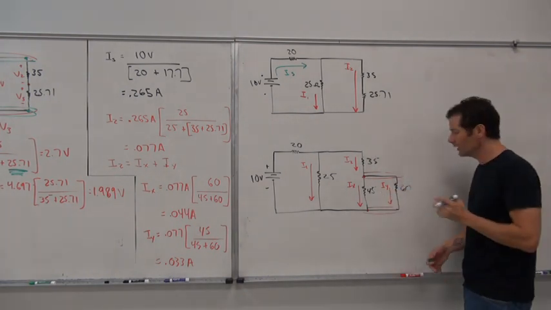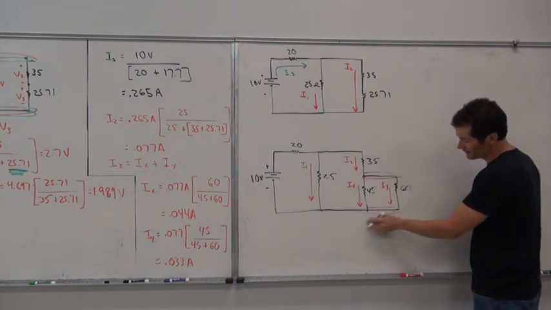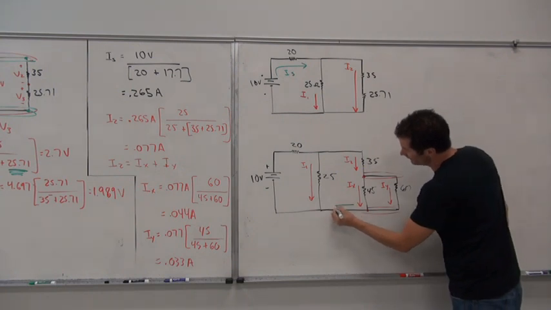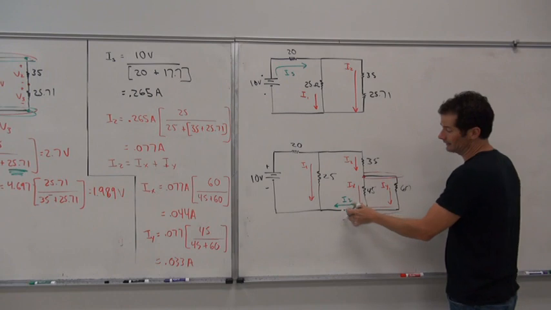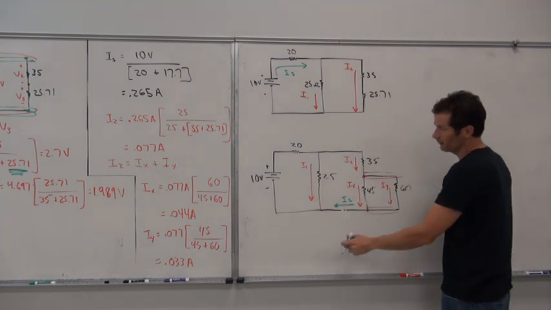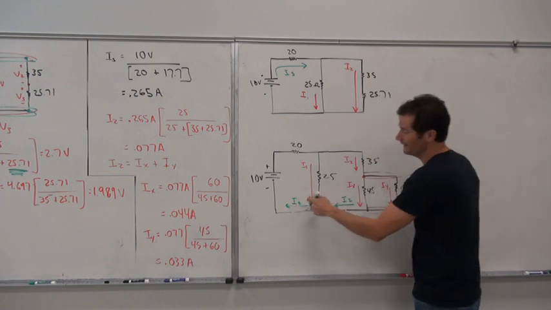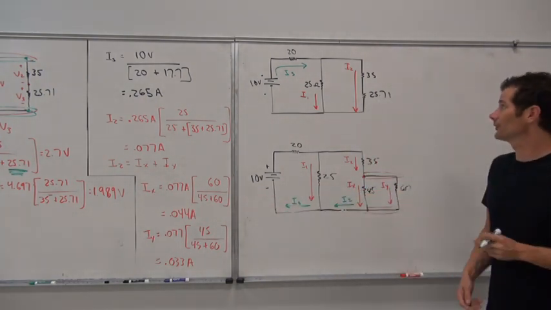We were looking for IY. But once they flow through those 2 elements and get down to this common node, they reform back into I2, and then that I2 meets up with I1 and reforms back into IS and flows back into the negative terminal of the 10-volt source.